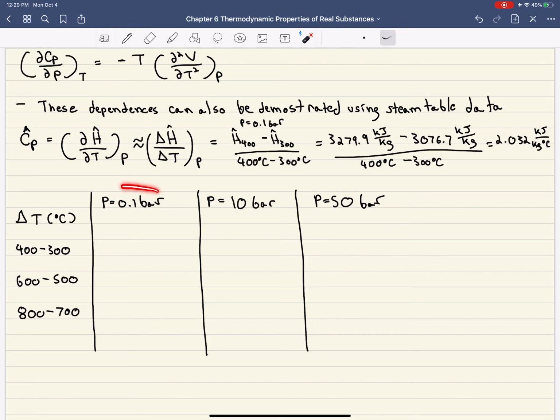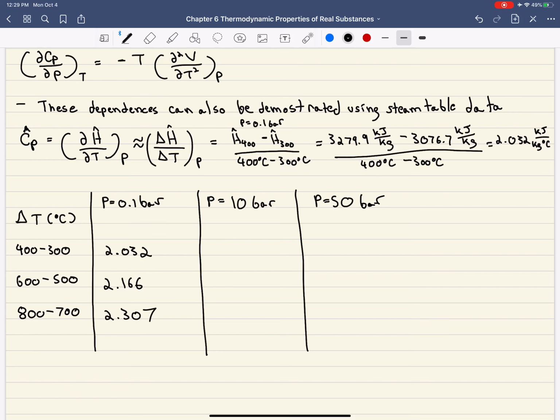And so if we just stick to 0.1 bar and we look at the different delta T's, I showed you earlier that for 400 to 300, the CP is 2.032. But if we look at a range of 600 to 500, 600 minus 500, we get 2.166. And if we go to 800 minus 700, we get 2.307.